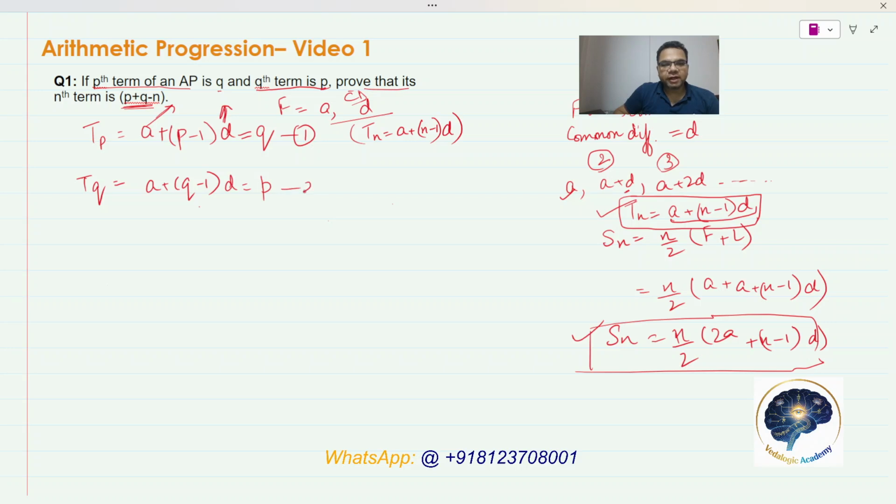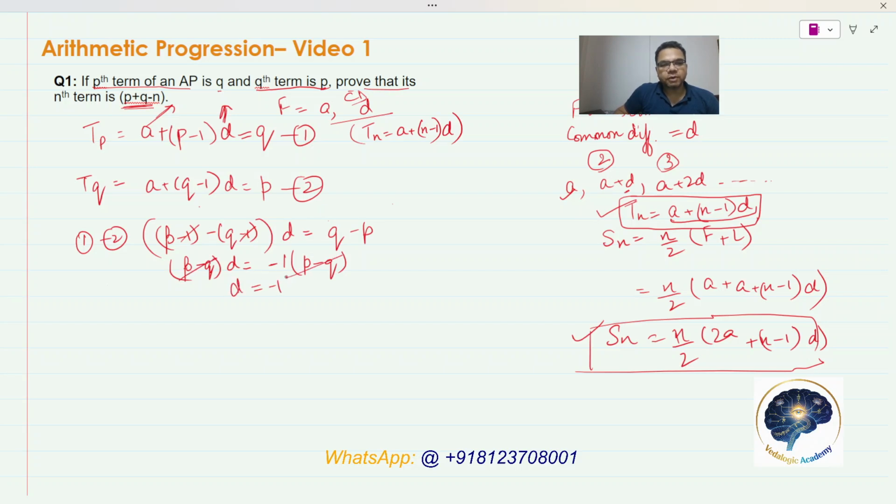This is the second equation. I'll subtract equation 2 from equation 1 so that I remove A. So it becomes (P minus 1) minus (Q minus 1), into D, equals Q minus P. The minus 1 and minus 1 get cancelled, so what remains is (P minus Q) into D equals... let me take minus 1 common from here, so it becomes (P minus Q) here as well, and this also gets cancelled.